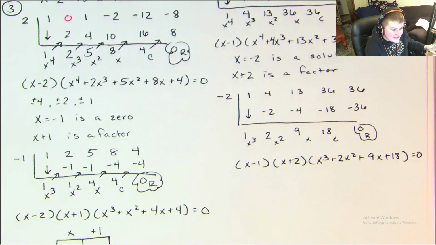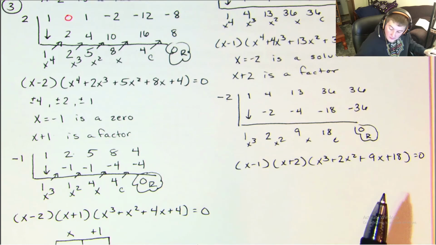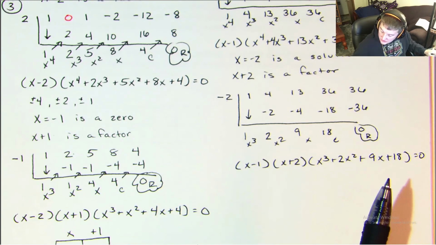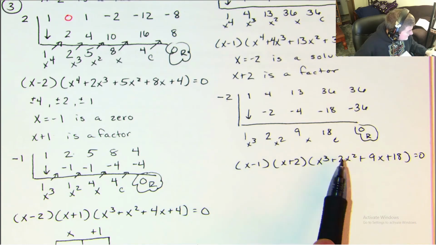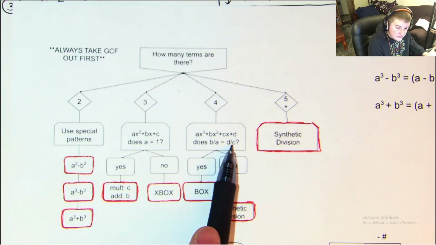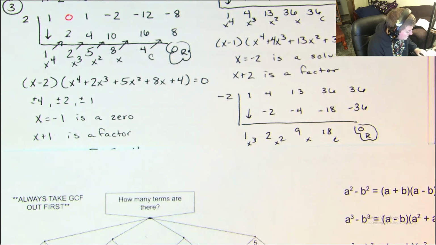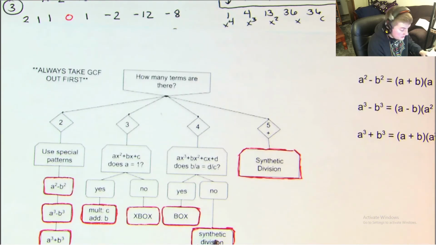Okay, and as I'm looking at this last term here, I got 4 terms: 1, 2, 3, 4. I need to identify how I'm going to factor that. The question I ask myself when I have 4 terms is: is b over a equal to d over c? 2 over 1 and 18 over 9? Yes. So I can use the box method.